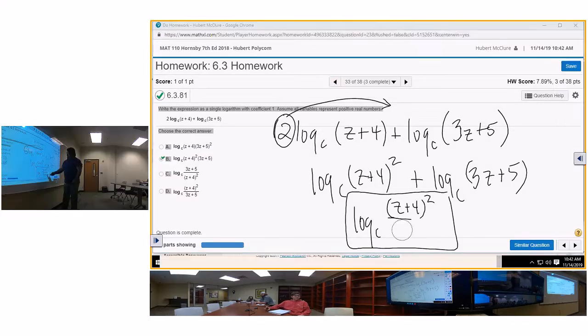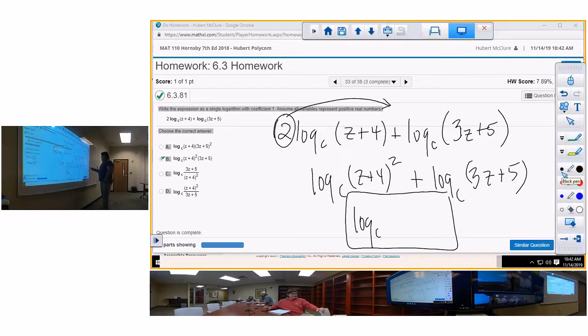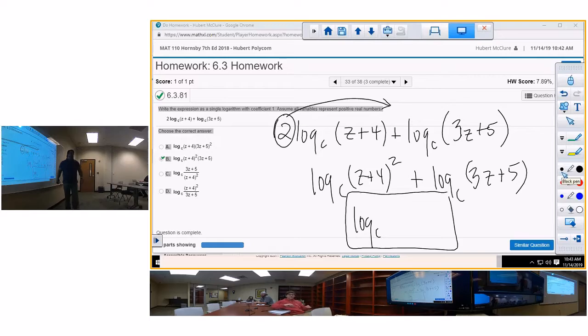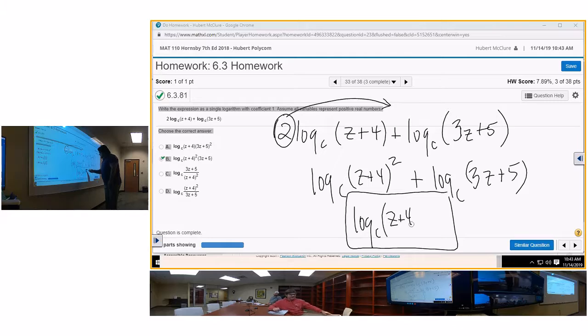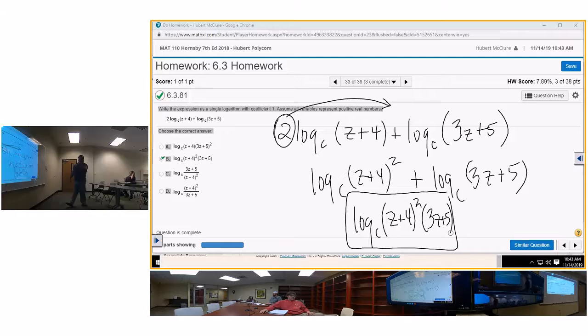Squared and 3z plus 5. There you go. Thank you. I did it. I wrote the last part wrong. I'm sorry.